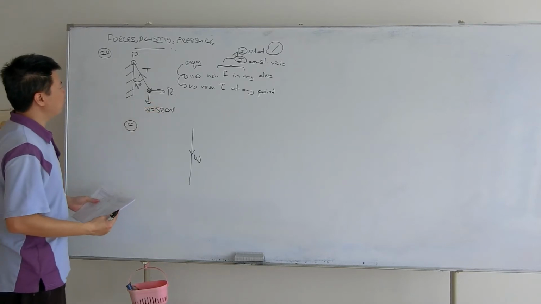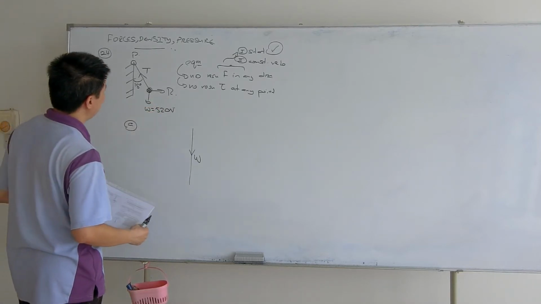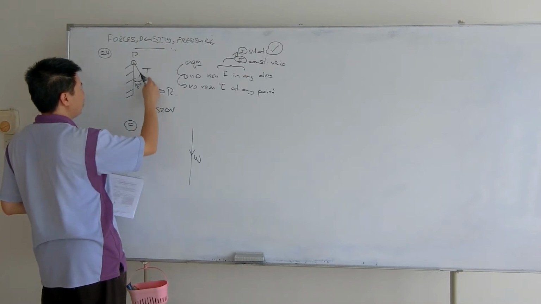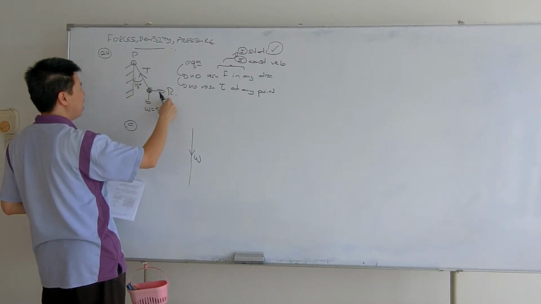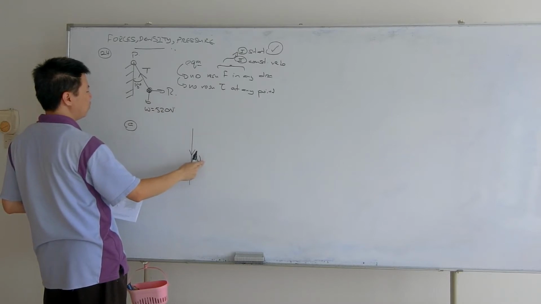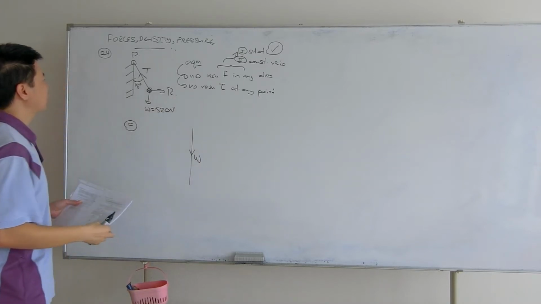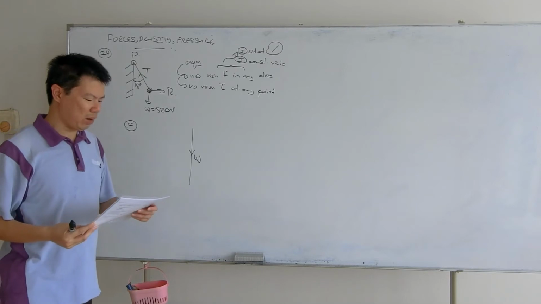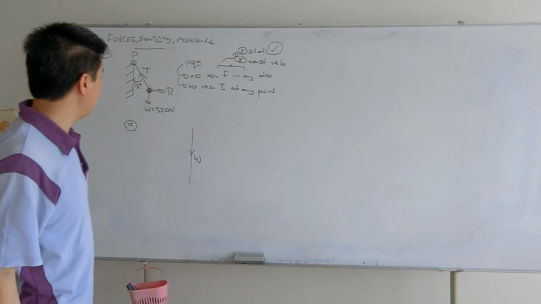So how to draw a labeled vector triangle? Quite easy. You have two other forces, T and R, and these two need to combine to give you this diagram. So how would you add them together?